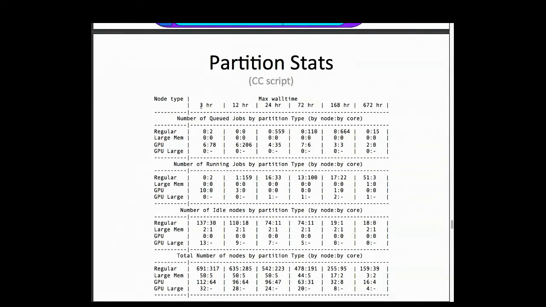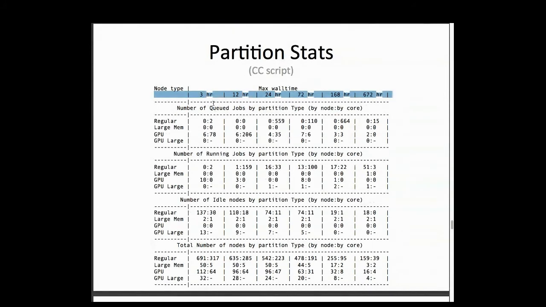So in here, we have different categories for 3-hour, 12-hour, 24-hour, 72-hour, 168, and 672-hour jobs. And then we have the type of partition it is: regular, large memory, GPU, GPU large. This is from Cedar. There's a GPU large there.